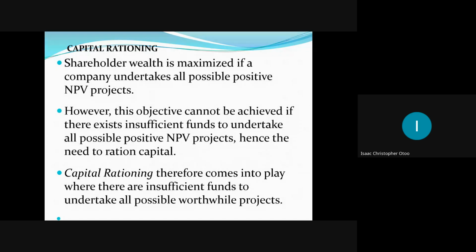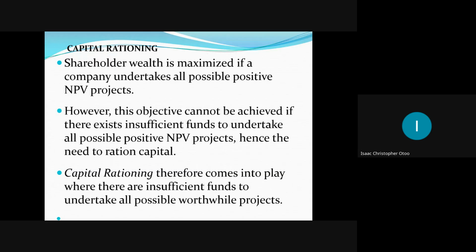Shareholders' worth is maximum if the company undertakes all positive NPV projects. But this objective cannot be achieved if there are insufficient funds to undertake all possible positive NPVs. Hence, we need to ration capital.